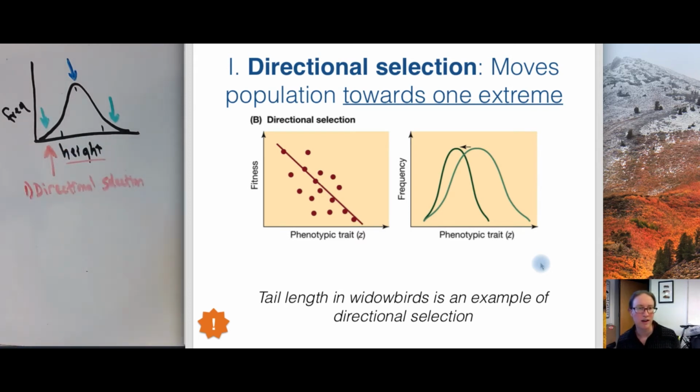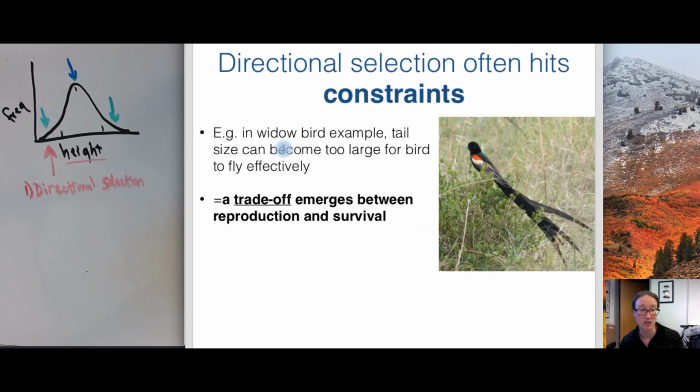And I've got 2 graphs here that illustrate the phenomenon of directional selection. And directional selection is going to move a population towards an extreme. So on the left-hand side, this graph shows the relationship between a phenotypic trait and an individual's biological fitness.